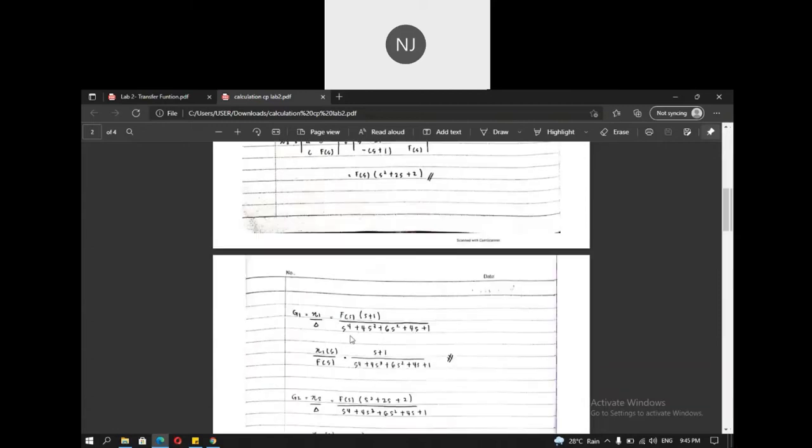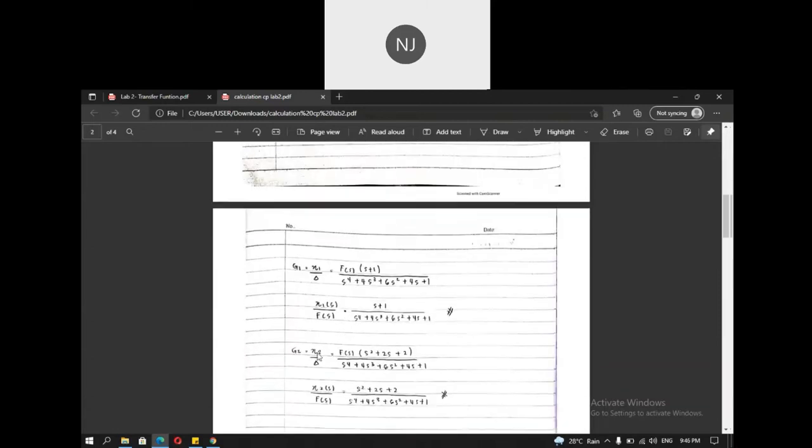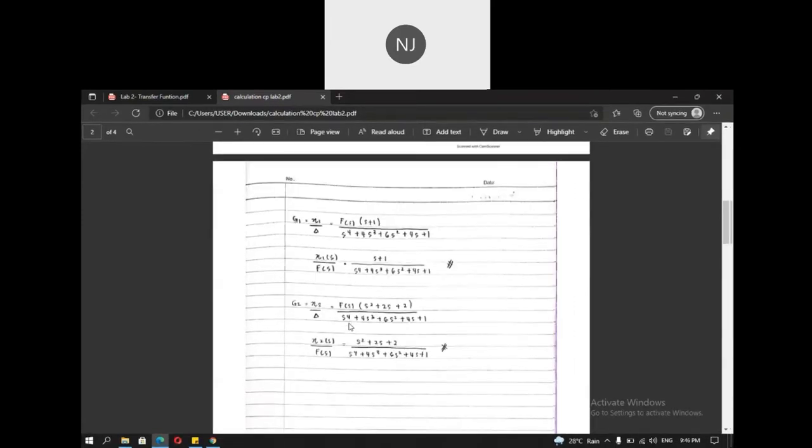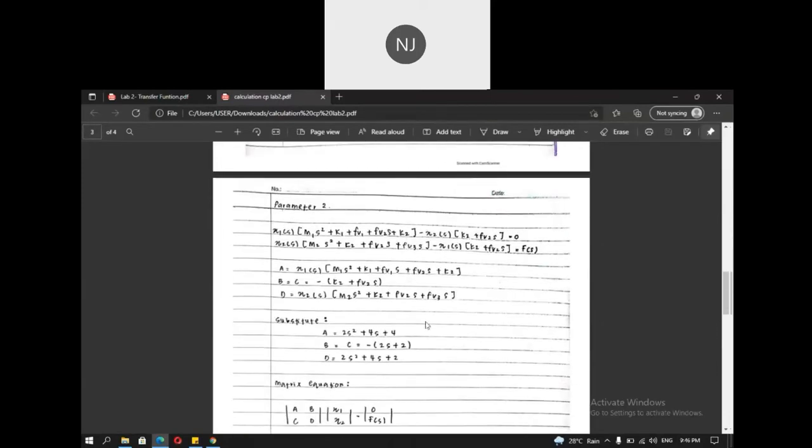After that, to find G1(s) and G2(s), we only divide the result of x by the determinant, and we get the answers for G1 and G2. The same goes for parameter 2; we are using the same equation.